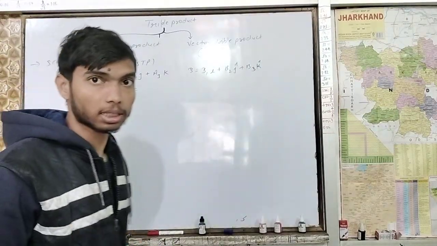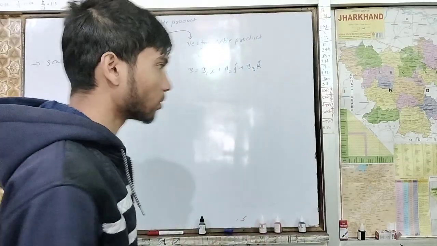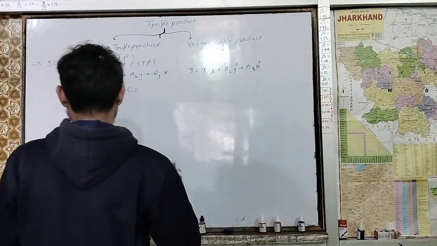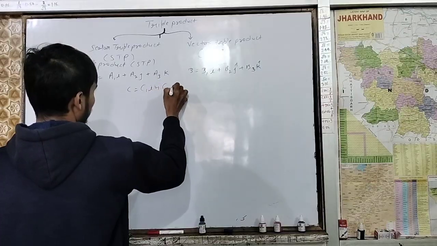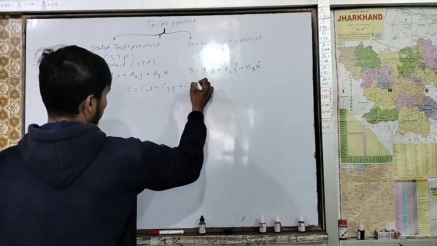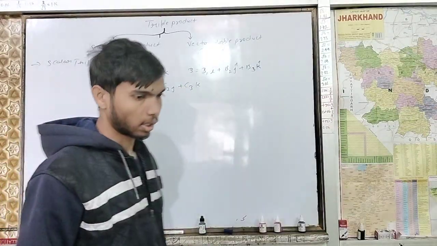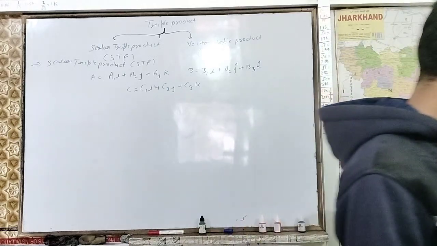Since we are taking three vectors, that's why it is important to have three vectors. So c will be c1 i cap plus c2 j cap plus c3 k cap. Okay, we got these three vectors.